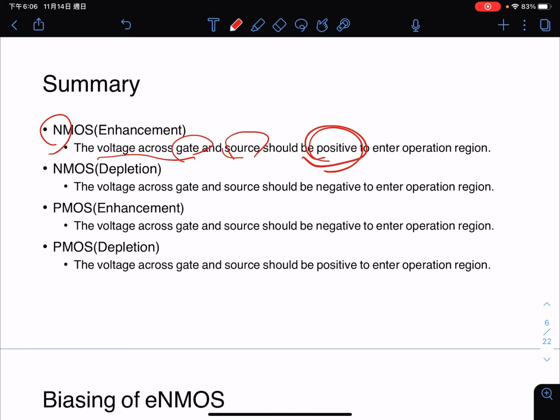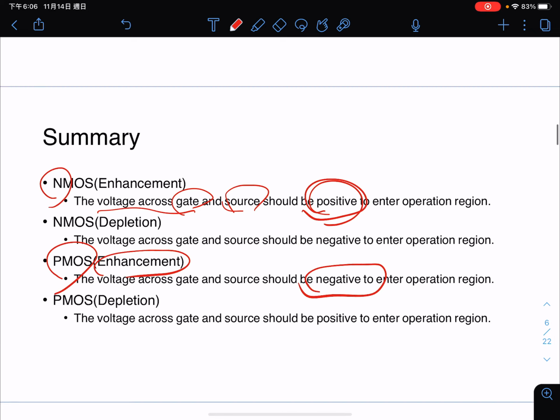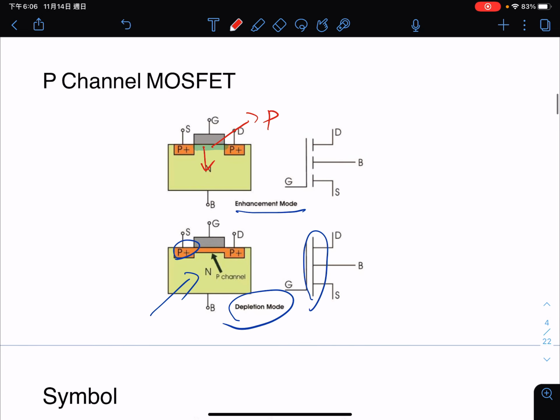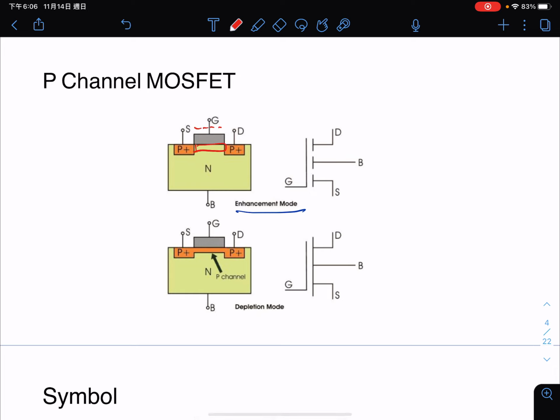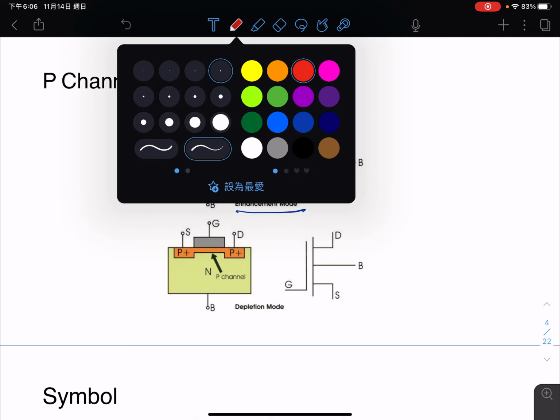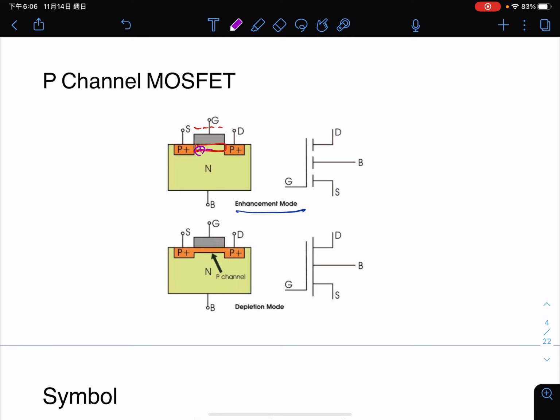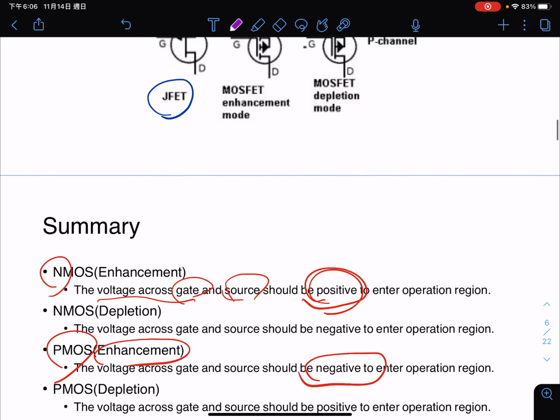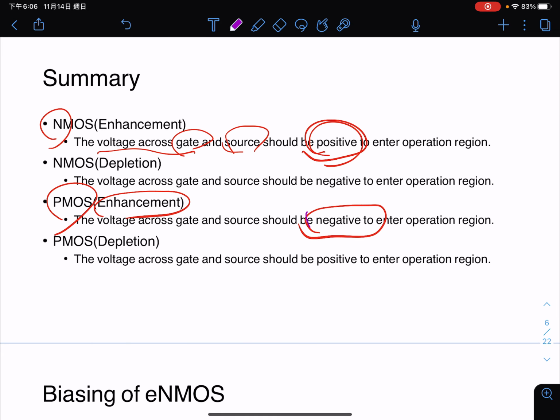For the P channel enhancement mode, we need a negative voltage, because originally there is no channel here, and we apply a negative voltage to attract the holes. So for the P channel, we need to apply a negative voltage.